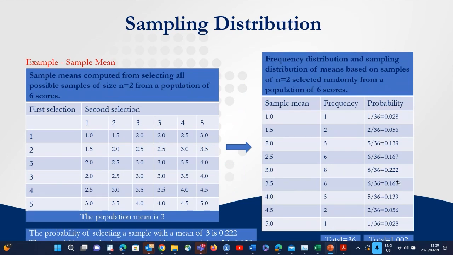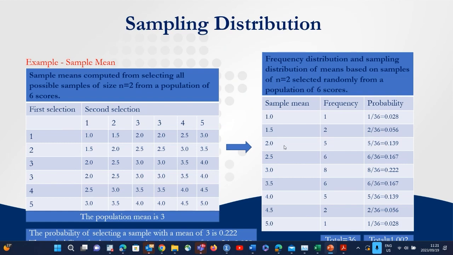And then you now get the probability. What is the probability that if I sample 2 scores from this population, the average score will be 1.5? I get this probability because I only have 2 out of these possible 36 outcomes. 2 of them gave me an average of 1.5.